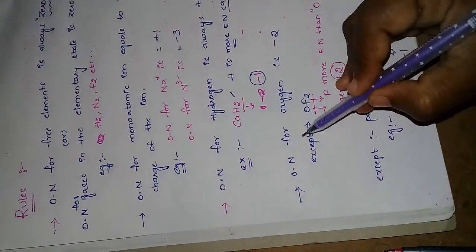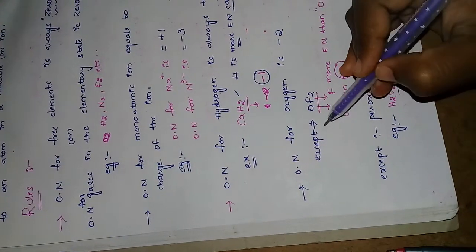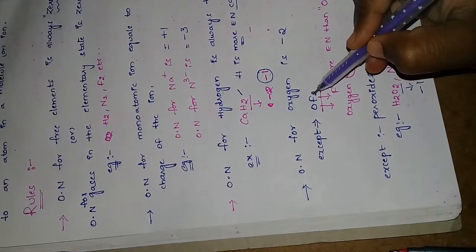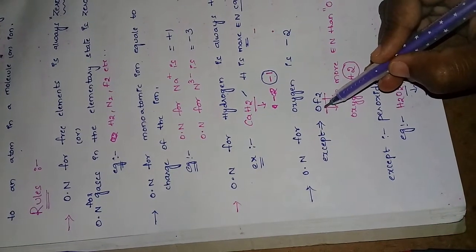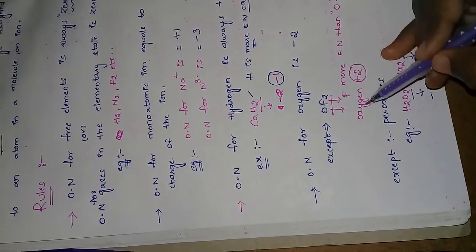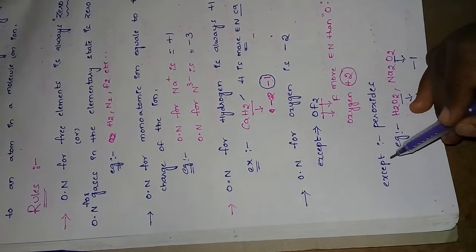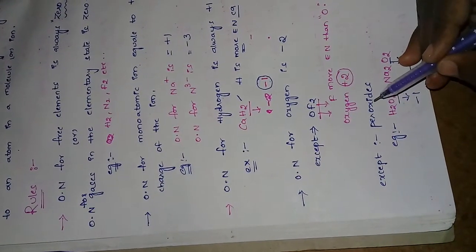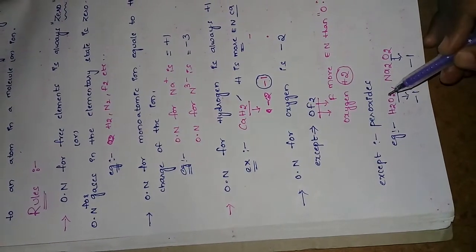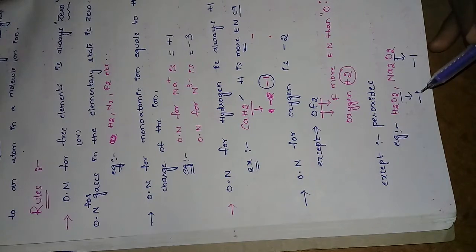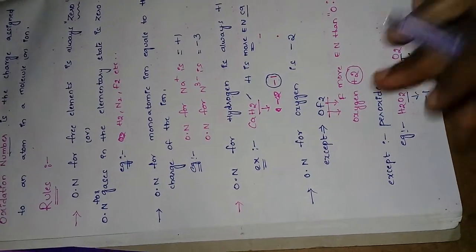See friends, oxidation number for oxygen is always -2 except in the OF2 compound. Why? Because fluorine is more electronegative than oxygen, so oxygen gets +2 charge. And again an exception case for peroxides like H2O2, Na2O2, etc. In H2O2 oxygen gets -1 charge and in Na2O2 oxygen gets -1 charge.